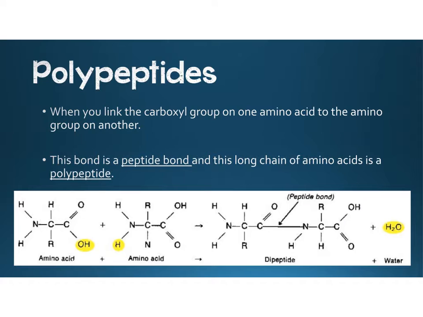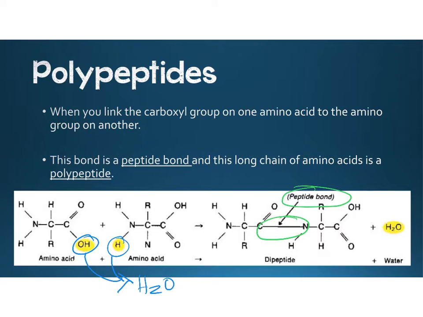We take the OH group from the carboxyl side and the hydrogen from the amino side, and we remove that to make water in our dehydration synthesis process. That forms a bond between the amino group of one amino acid and the carboxyl group of another amino acid. That bond is called a peptide bond.